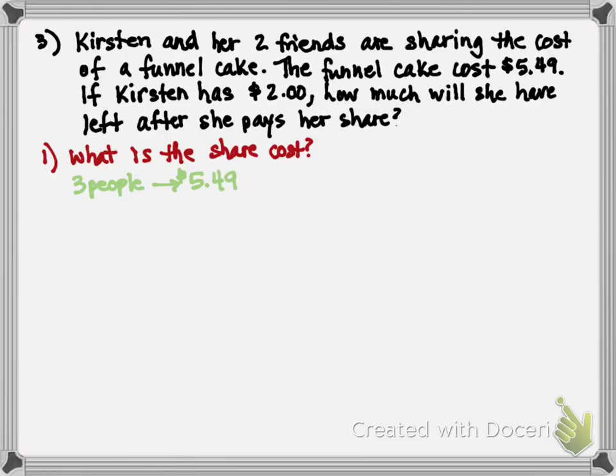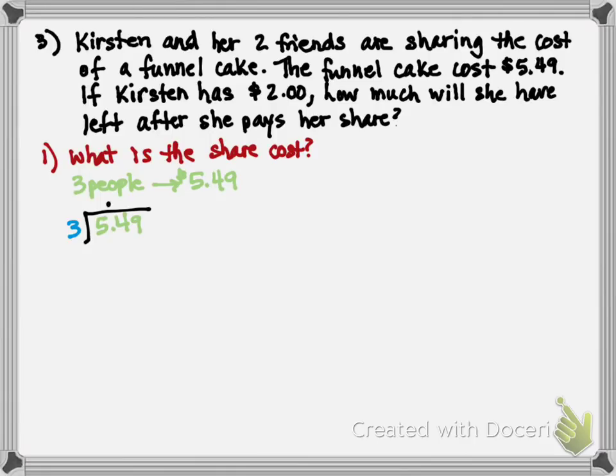So if I take that $5.49 and I divide it by the number of people, which was 3, that's going to tell me what the share cost is. So now, keep in mind, this problem is about money, so even if the division went past the hundredths place, money does not go past the hundredths place, so we may have to do some rounding. Okay, so let's start by bringing up our decimal point.